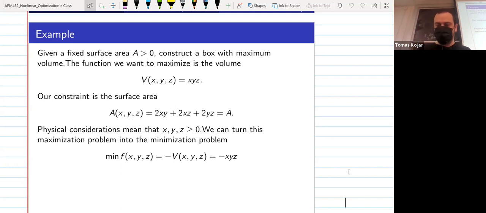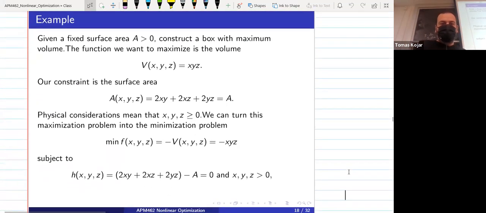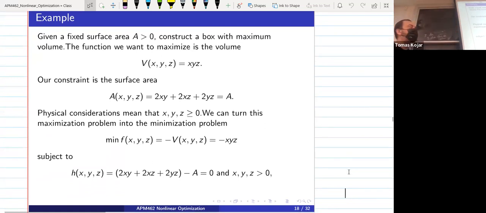All right, so let's do that. Our problem is to minimize this function given this equality constraint. Whenever you see that, the first thing I want you to think about is Lagrange multipliers. Next week, we're going to do inequality constraints. But for now, whenever you see equal, Lagrange.